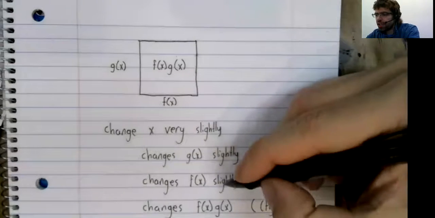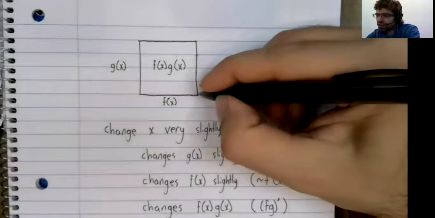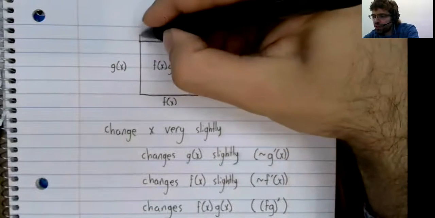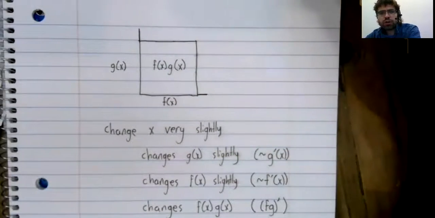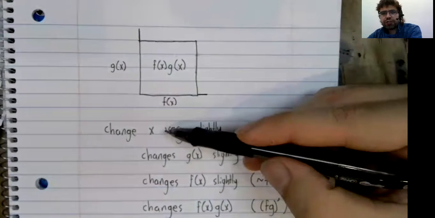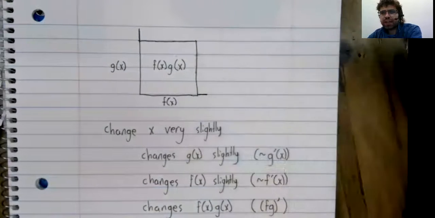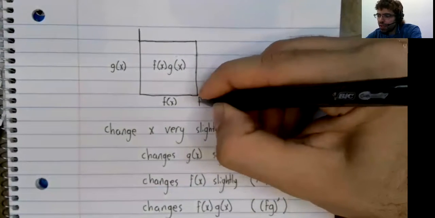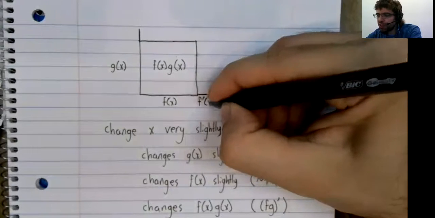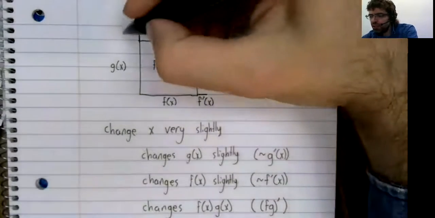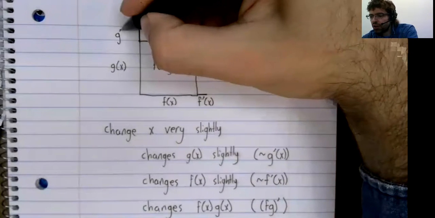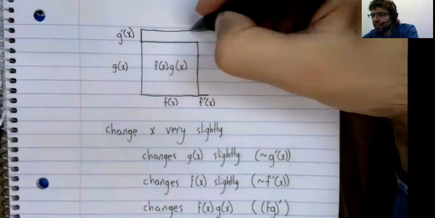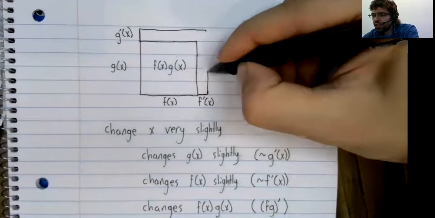Now, we've changed f of x and g of x slightly just for the sake of drawing this picture. Suppose that when we increase x a little, f and g both increase. And they increase by approximately the derivative of f and the derivative of g.